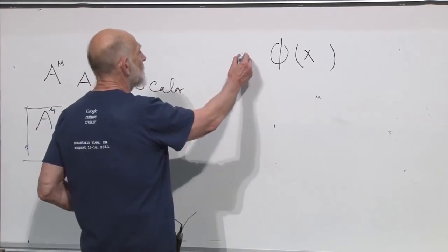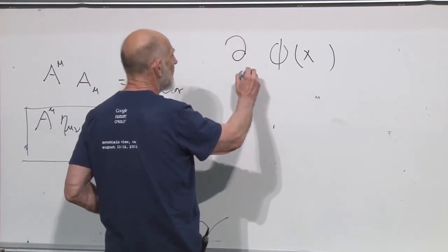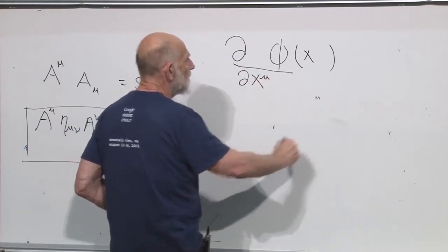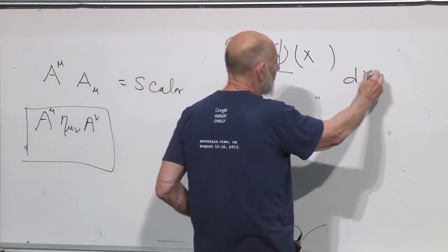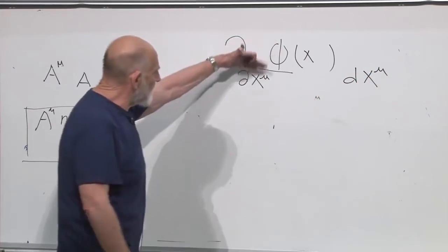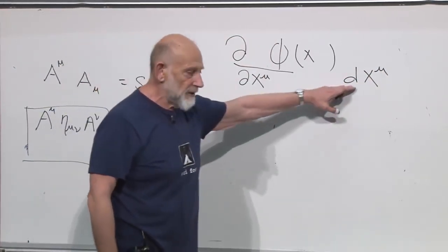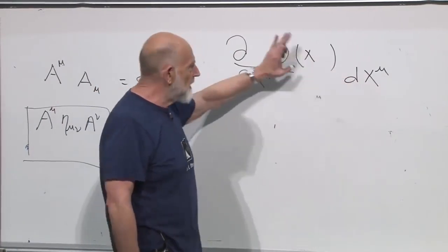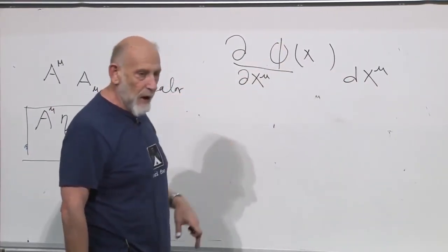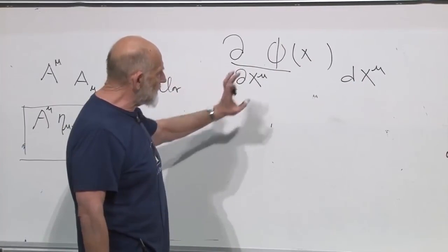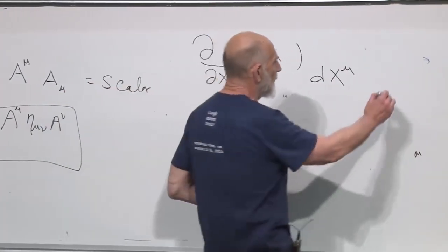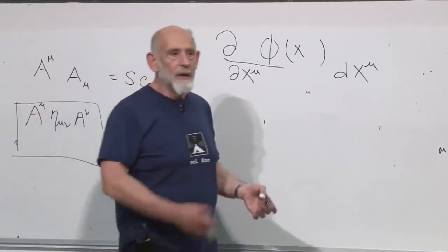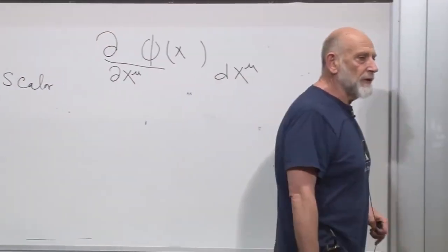The answer is you differentiate phi with respect to each of the coordinates and multiply. This means derivative of phi with respect to t times dt, plus derivative of phi with respect to x times dx, plus derivative of phi with respect to y, and so forth. This is the small change in phi in going from one point to another. Well, phi is a scalar, and so we will agree about the value of the difference of phi.